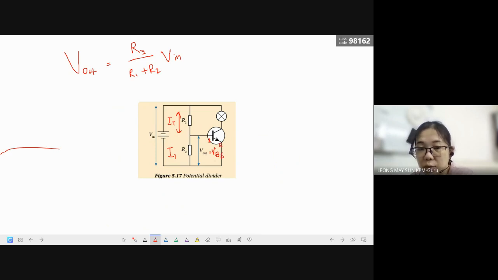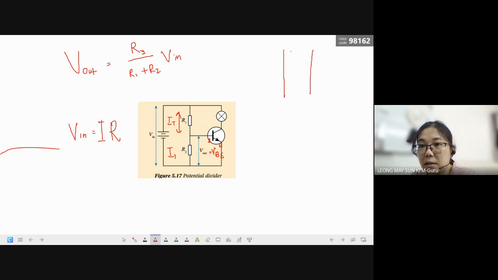We want to know the value of that potential difference. According to V_in, which is the V total, V_in equals the total current multiplied by the effective resistance of the circuit. There are two resistances here, R1 and R2, in series with each other.